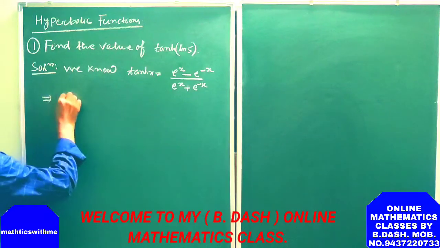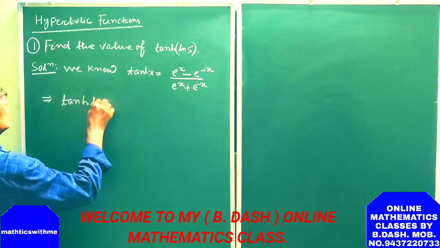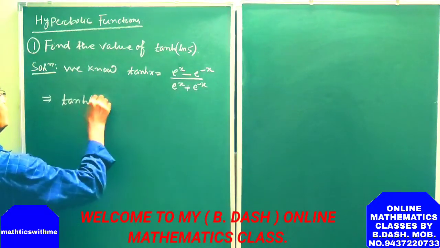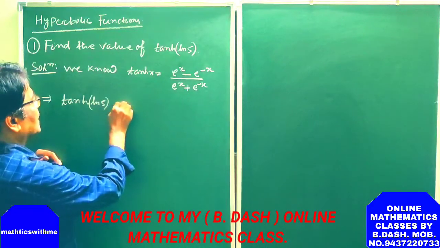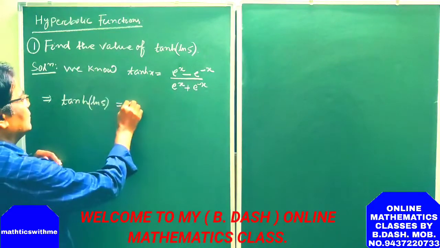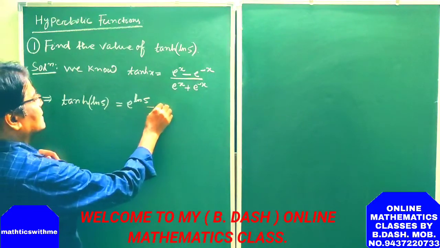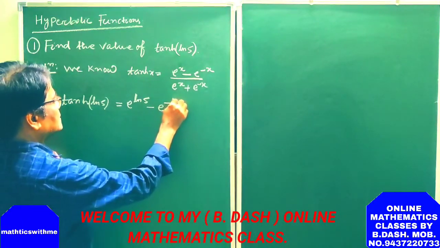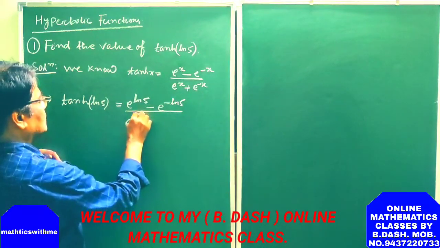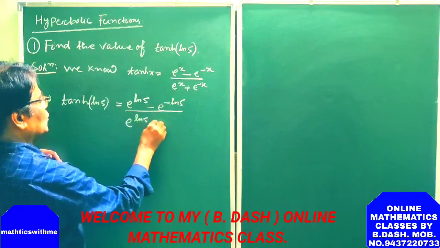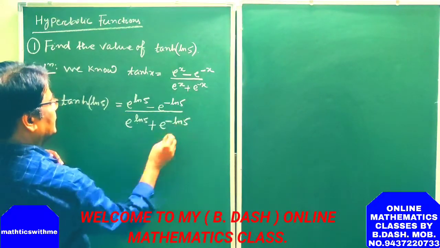This implies, for tanh(ln 5), x will be replaced by ln 5. So it will be (e to the power ln 5 minus e to the power minus ln 5) divided by (e to the power ln 5 plus e to the power minus ln 5).